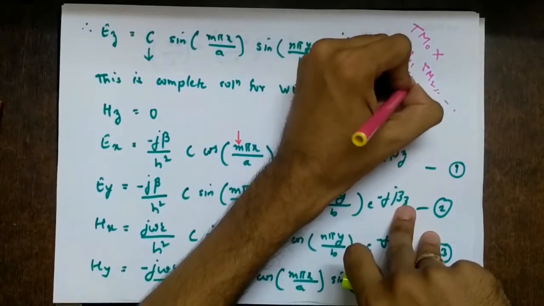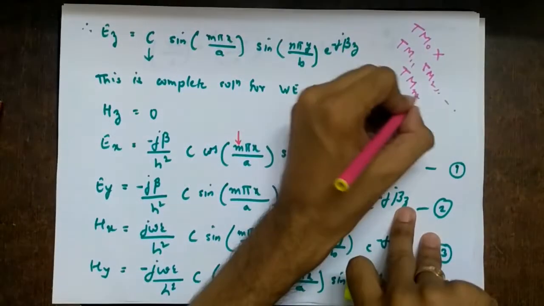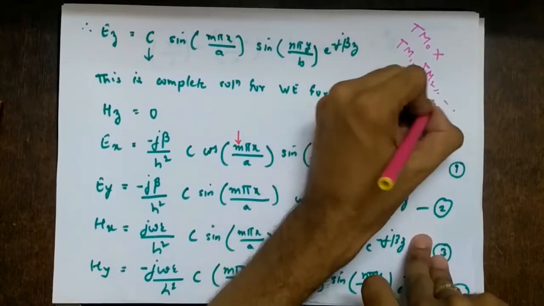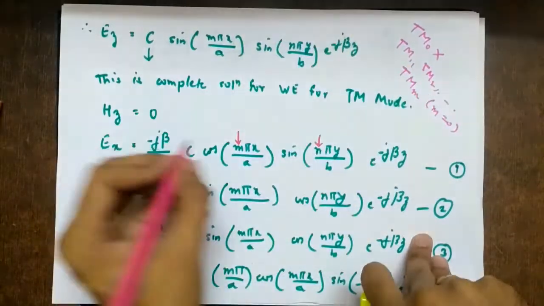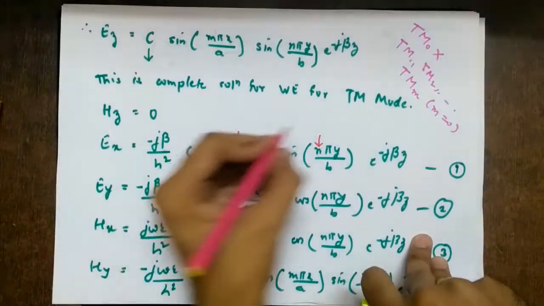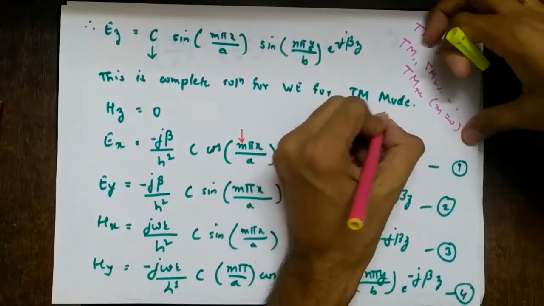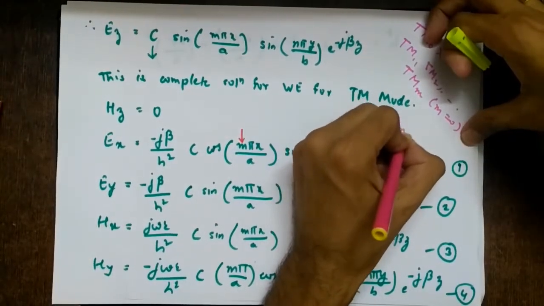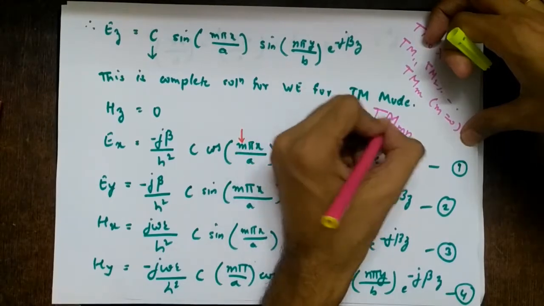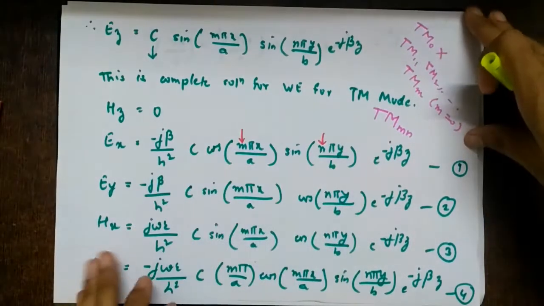That is, the modes were TMm, where m is not equal to 0. In the same way, instead of m, I have m and n. So these modes are called TMmn modes. Remember, this is the first thing we understood.